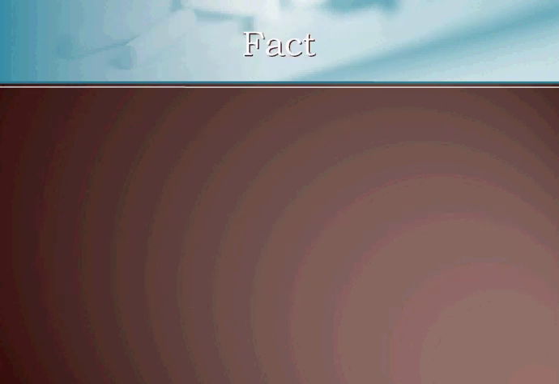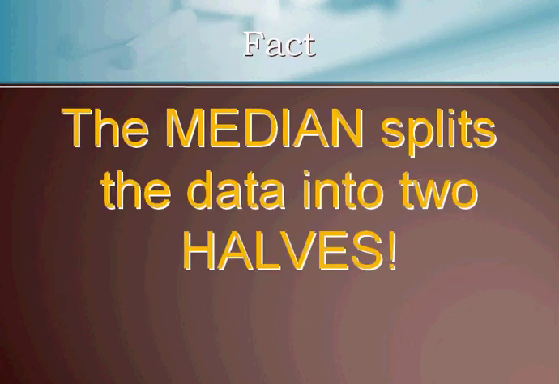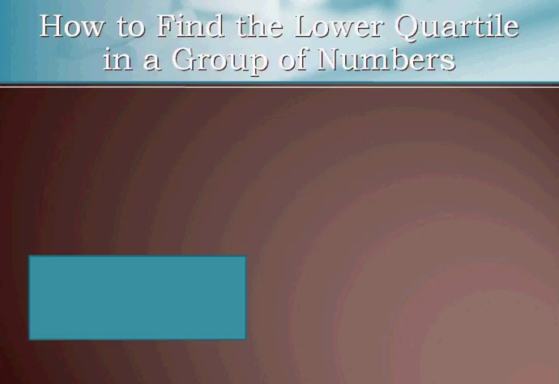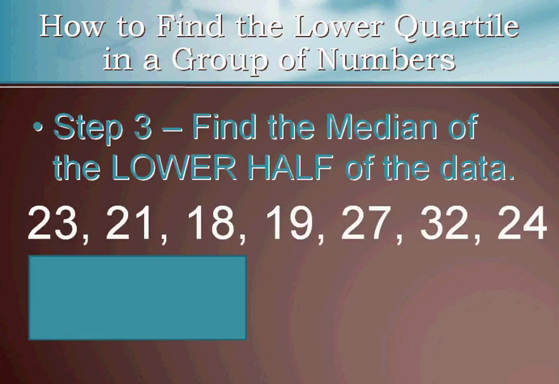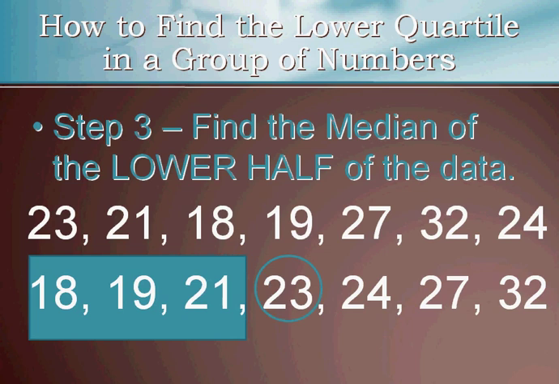The median splits the data into 2 halves. Notice there's a box behind the lower half of the data. And the median for the lower half of the data is called the lower quartile. In this case, it's 19.